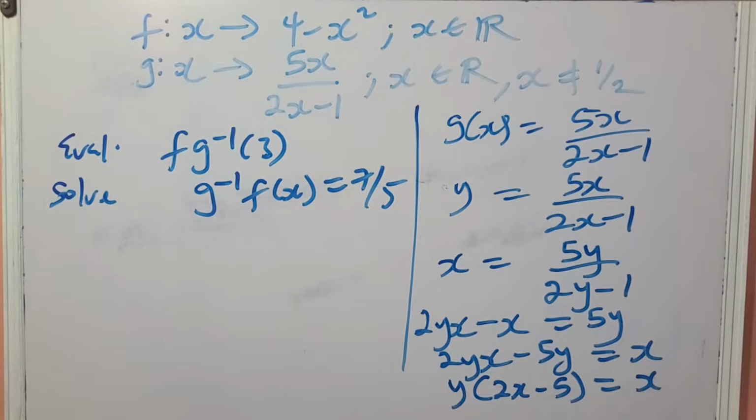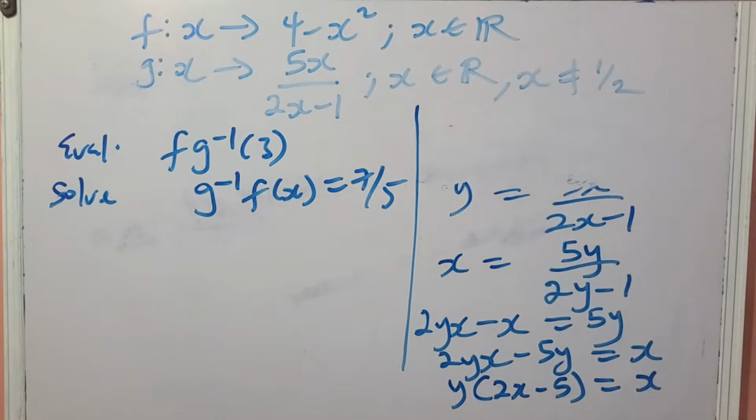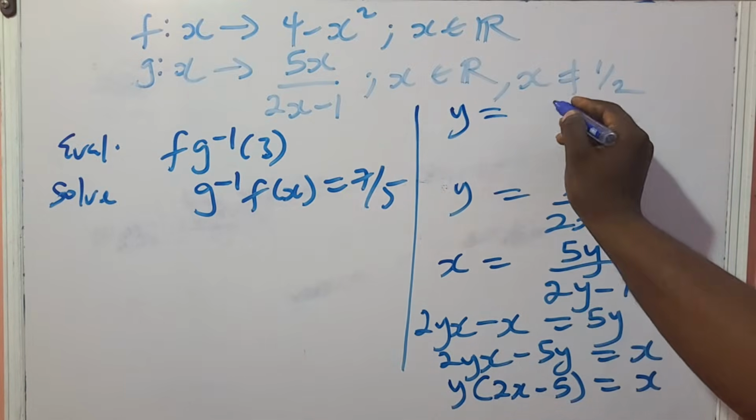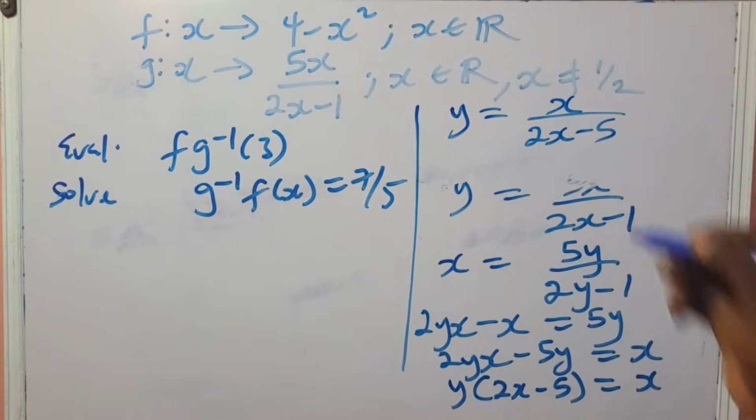Let me clean up the first one. I'm sure you guys are flowing with me, because this is very pivotal to solving questions on function and mapping. So my y will be equal to x over 2x minus 5.